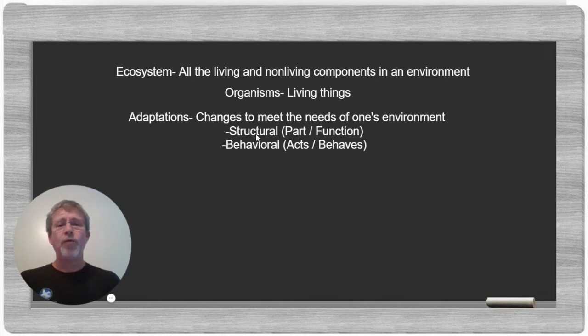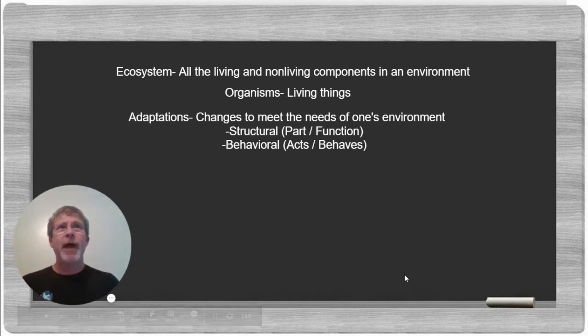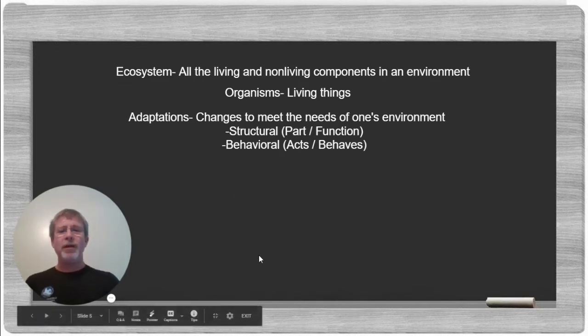We have structural or part/function adaptation, like a claw, fur, teeth. Behavioral adaptation, how the organism acts, how the organism behaves. An example there is migration, hibernation, and learned behavior. Organisms learn from one another, and it changes the way they act.